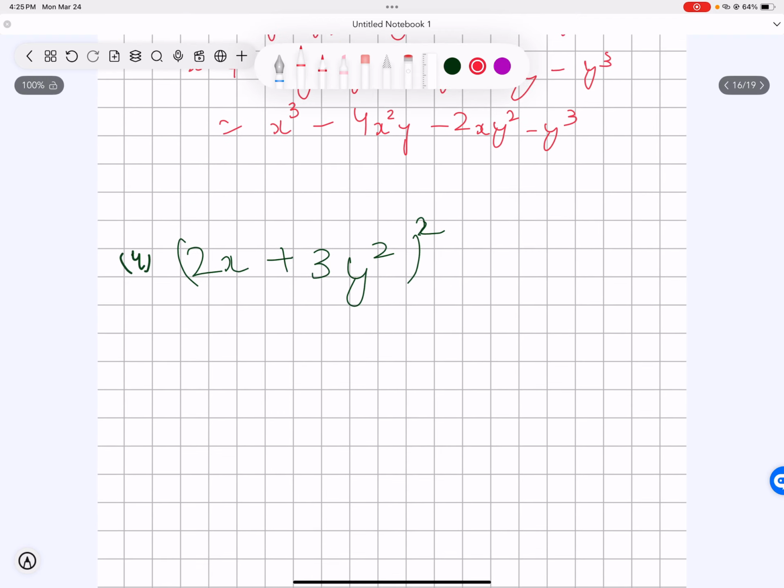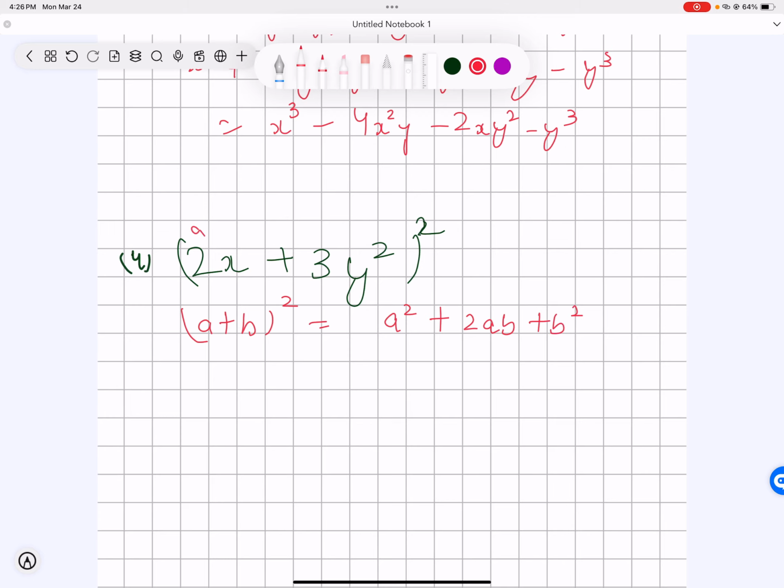And for the last question, I will be solving this with the formula because it has 2x plus 3y squared. It's gonna be like (a plus b) squared is equal to a squared plus 2ab plus b squared.